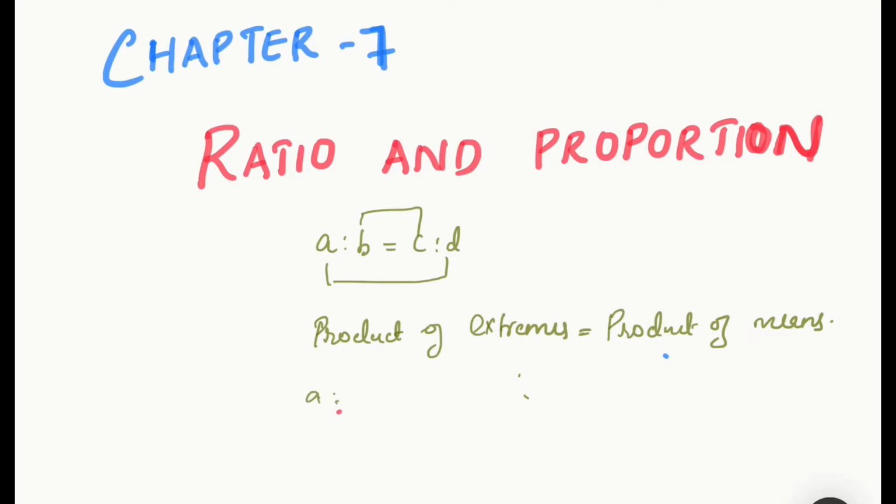A is to B should be equal to, second term is what? B. B is to C. Then it is called continued proportion. Okay. Now you are familiar with all these terms, right? Fourth proportional, continued proportional. You have learned it in your smaller classes.